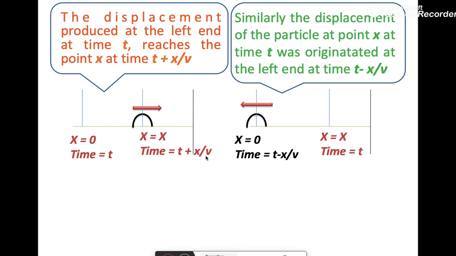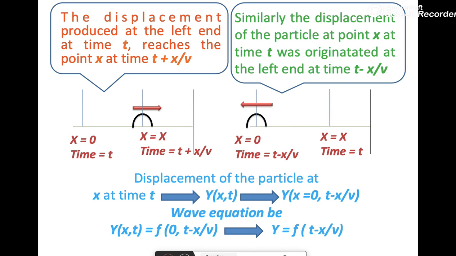Therefore, we can say that if we have a particle at point x at time t, suppose the displacement is at x and time is t, then it would be originated at the left end at time t minus x upon v. Right.